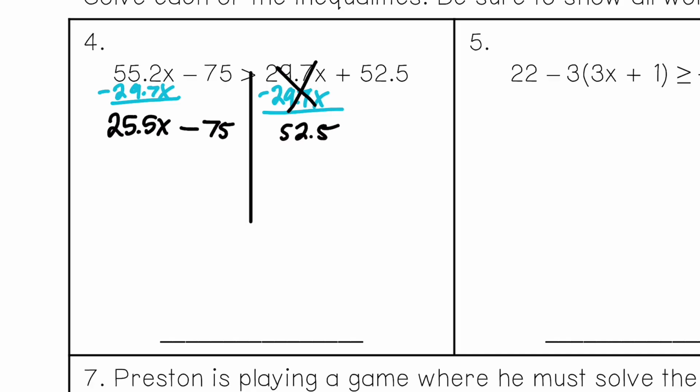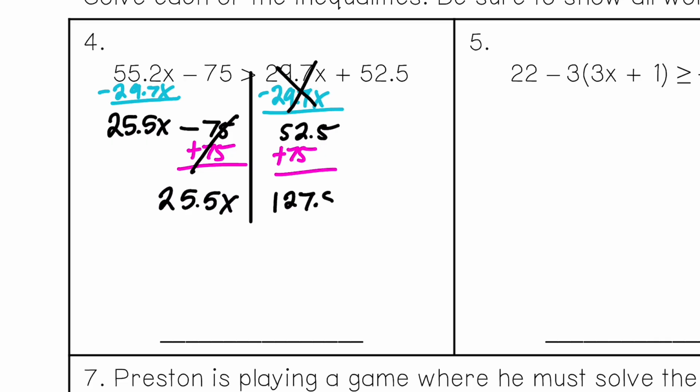Now I need to move my numbers to the other side, so I'm going to add 75 to both sides. 75 goes away, and I'm left with 25.5x. And 52.5 plus 75 is 127.5.